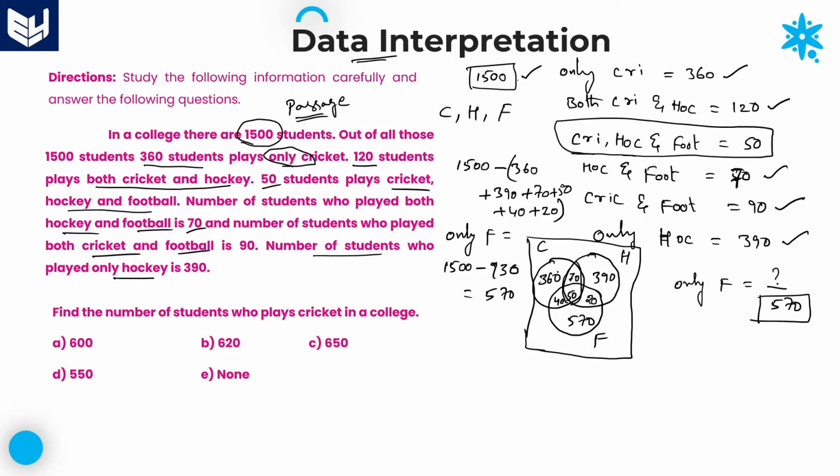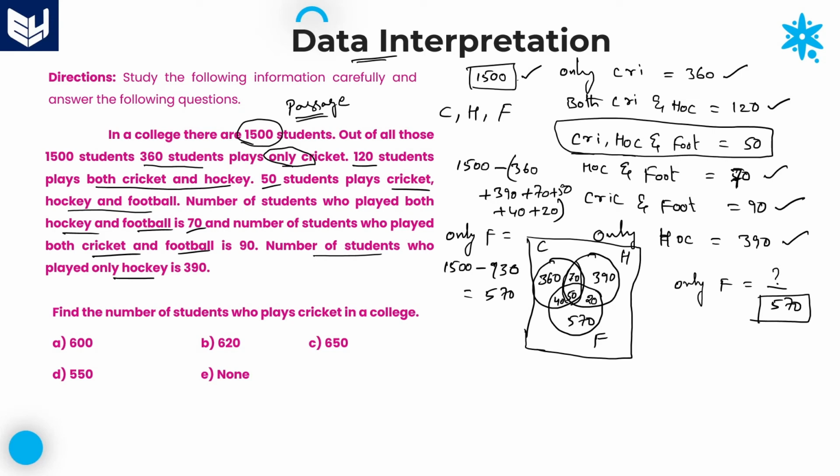Out of 1500, only cricket 360, only football 570, only hockey 390, both cricket and hockey 120, both hockey and football 70, both cricket and football 90, and all three games 50 members.